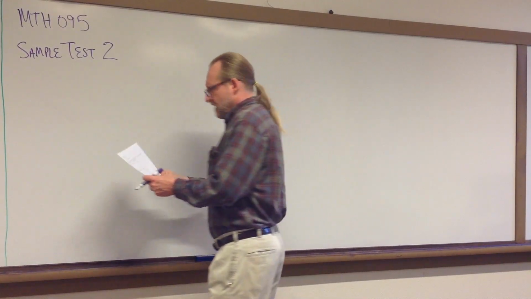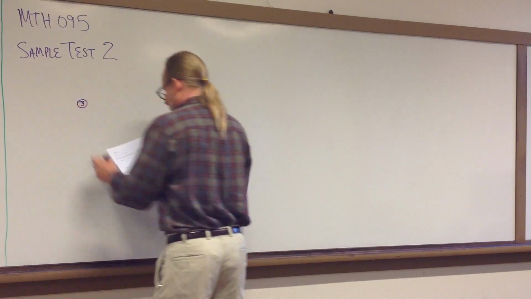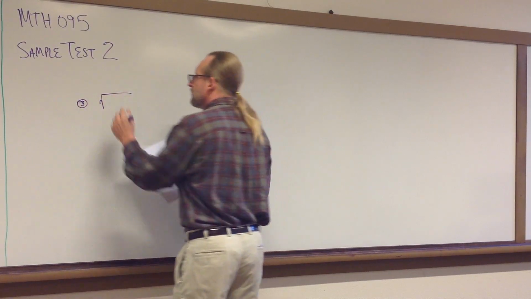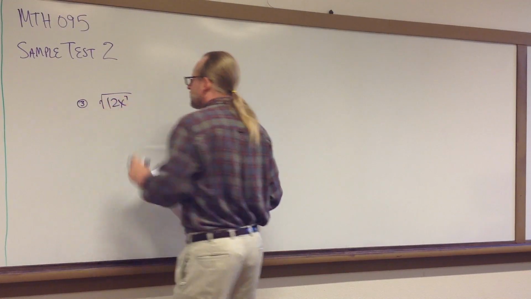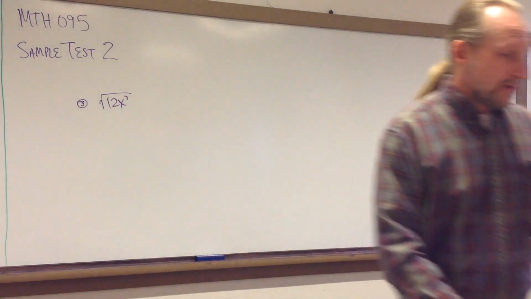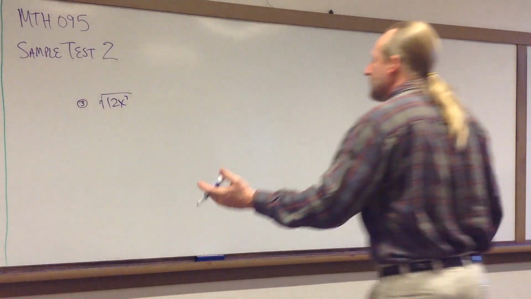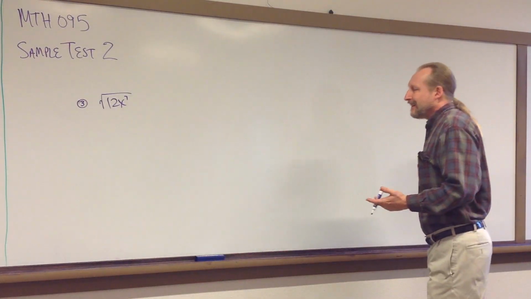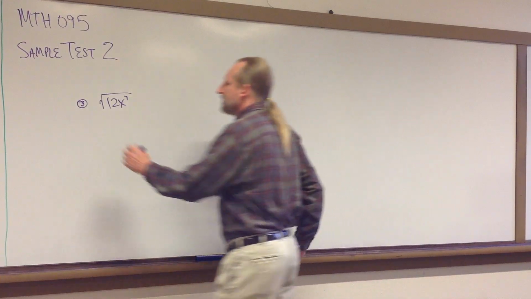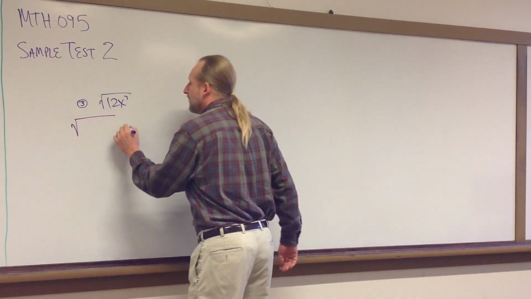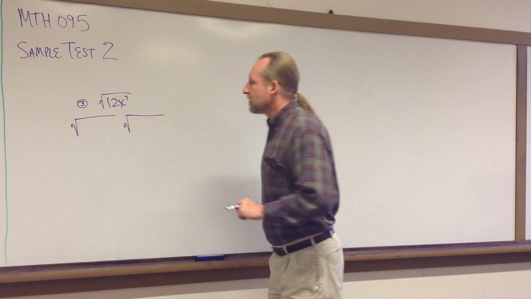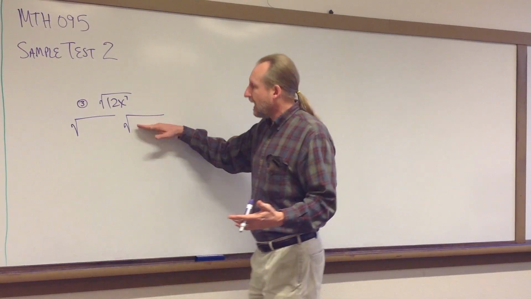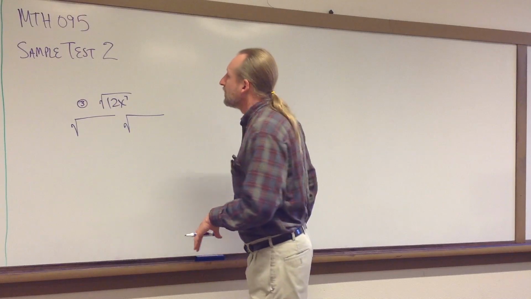Problem 3, we want to simplify this radical expression. Square root of 12 x to the 7th. So the way that I've shown doing these problems during class is I'll split this up into things that are perfect squares and things that are not perfect squares. And remember, if you haven't square rooted anything, it has to stay under the square root.